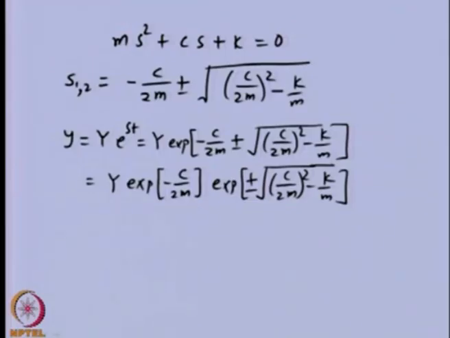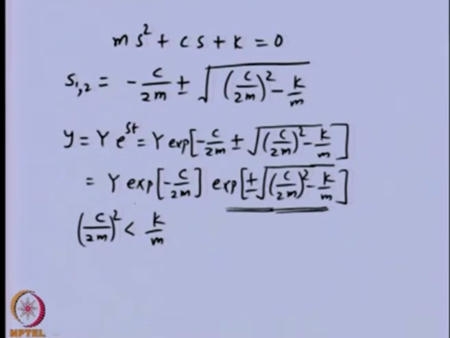Now you will see that when we have this condition, which is inside the bracket, this term, if this is negative, then we will be having sinusoidal terms from this, because once it is negative, we will have exponential raised to complex, that will give us the sine and cosine terms.